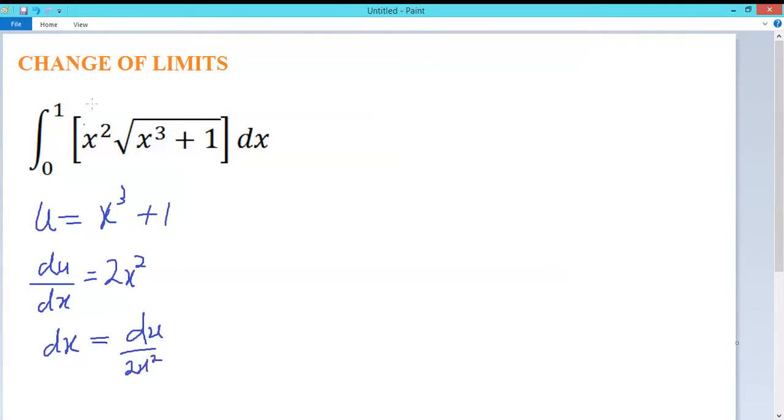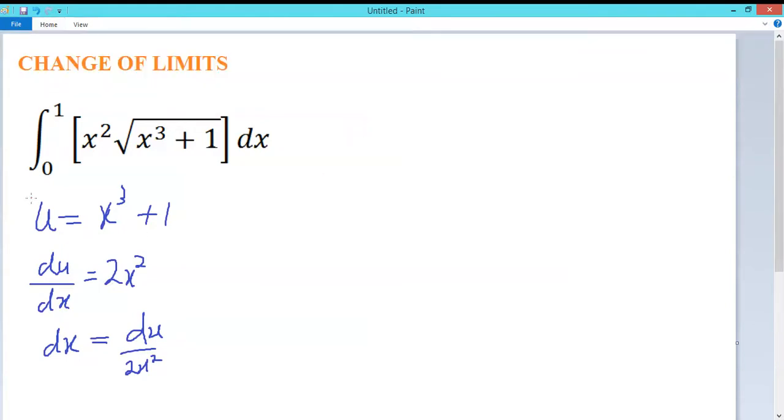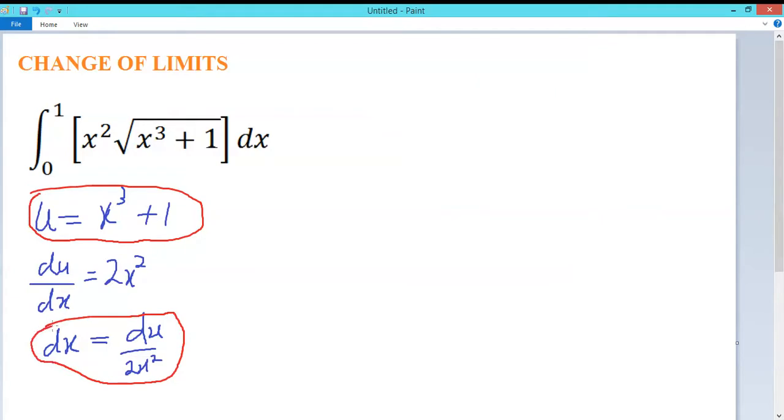Then we substitute the u and the dx as we were doing yesterday. That's why I'm telling you it is nothing new and it doesn't require me to solve many questions, so the two examples will be enough.